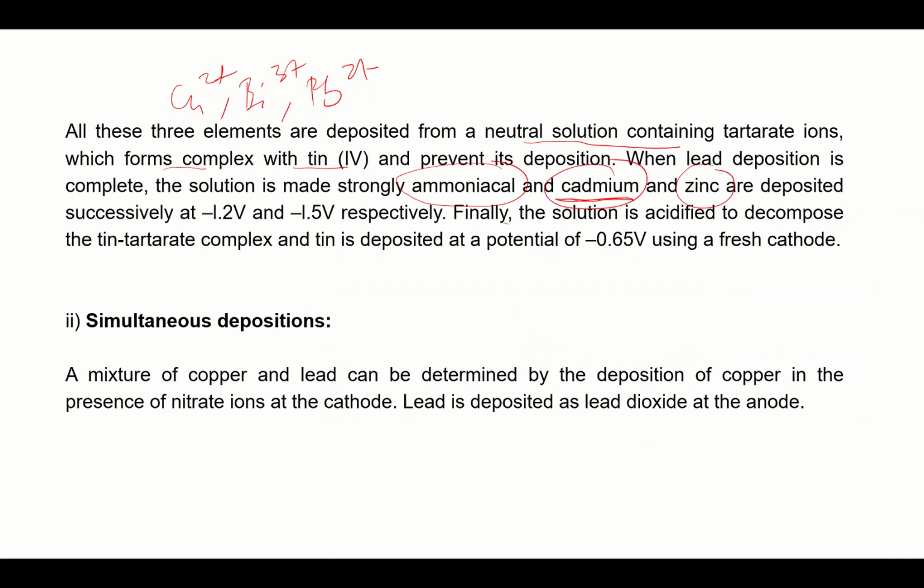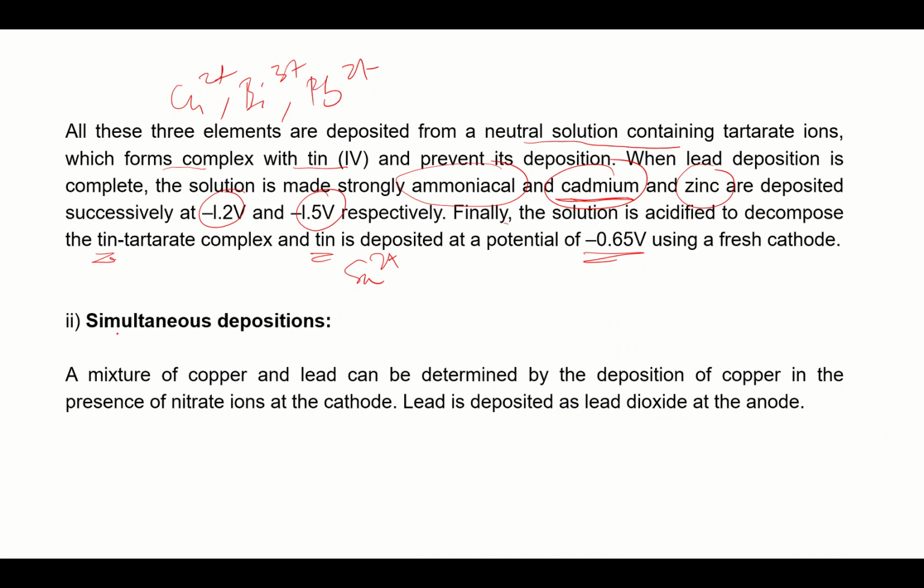Finally, you will identify tin, stannum 2+, which you deposit at a different voltage. It's very complicated, but what you should know is that you can do successive deposition of various cations present in the deposition bath solution by knowing their deposition potentials.